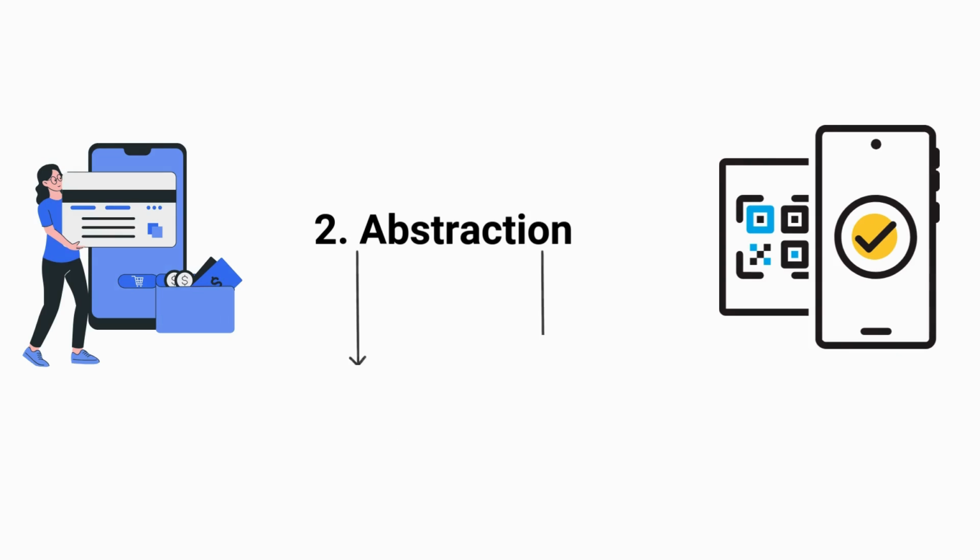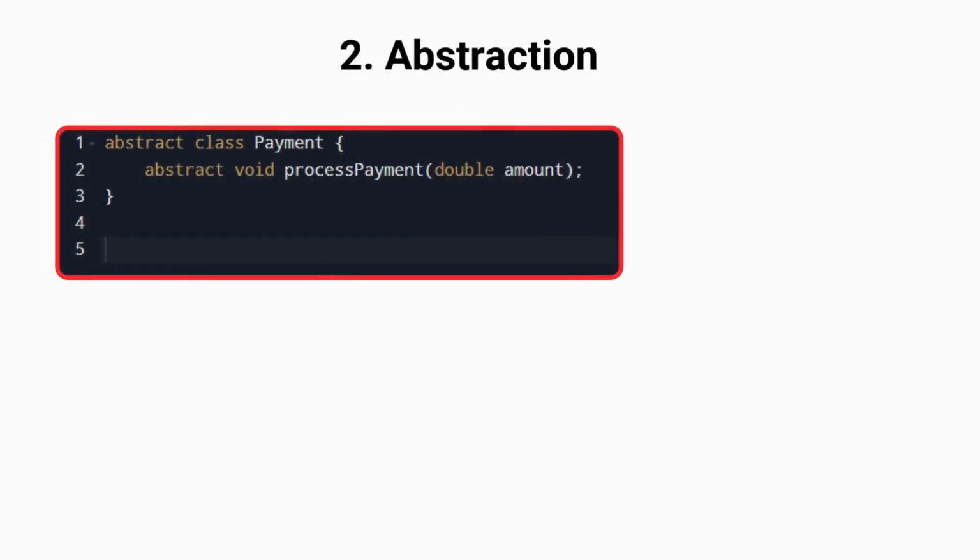In Java, it's achieved using abstract class and interface. So here is the example for abstract class. I'm creating abstract class Payment using the abstract keyword. Inside that, I'm having an abstract method, processPayment. It has one argument, amount.